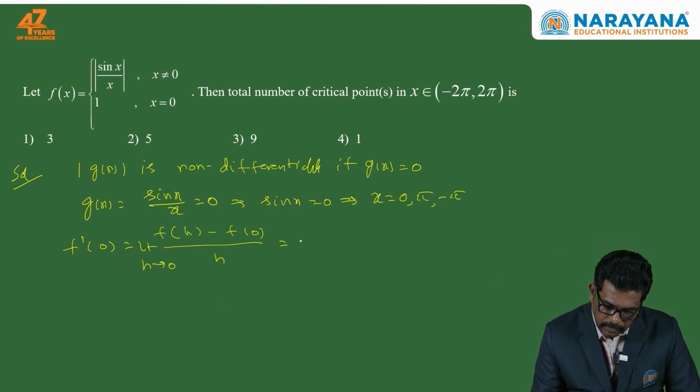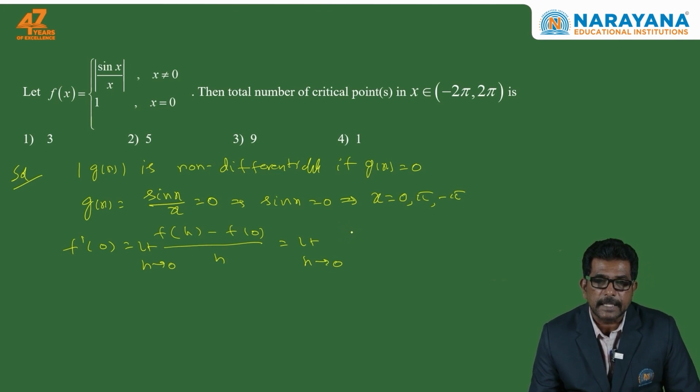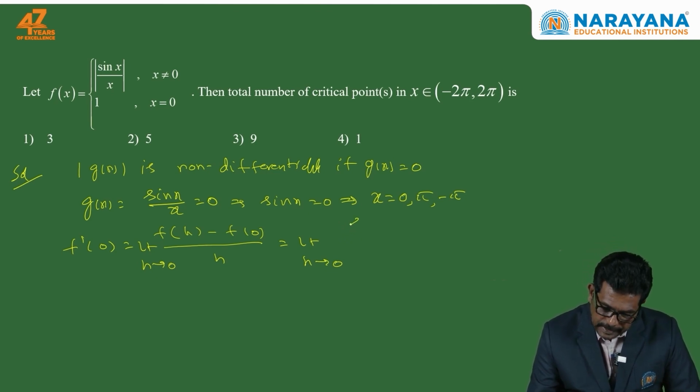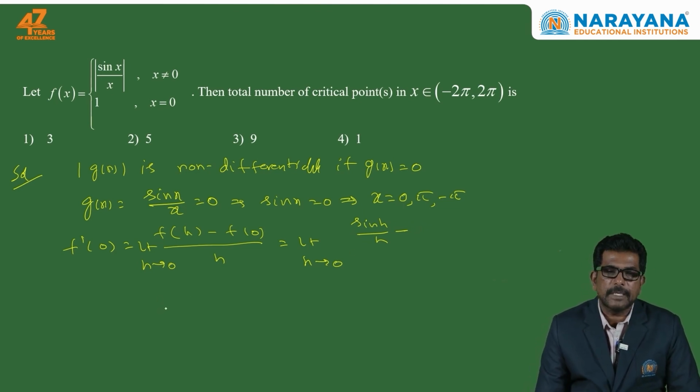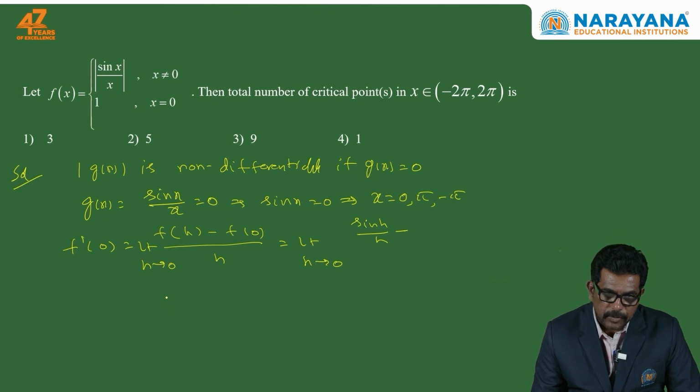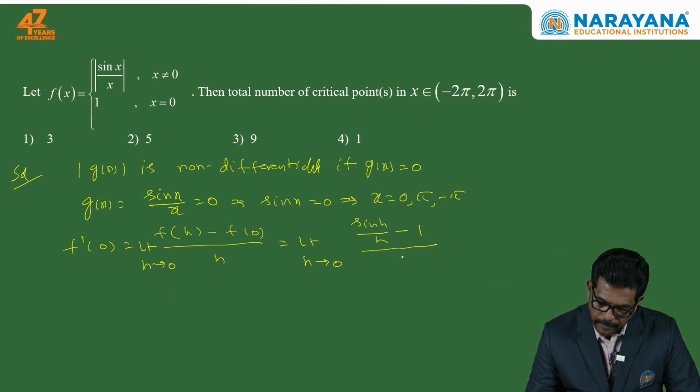Now f of h, when x is not equal to 0, the function is defined as sin x by x. Hence we write sin h by h minus f of 0, where f of 0 is limit x tends to 0 of f of x, that becomes 1, all divided by h.